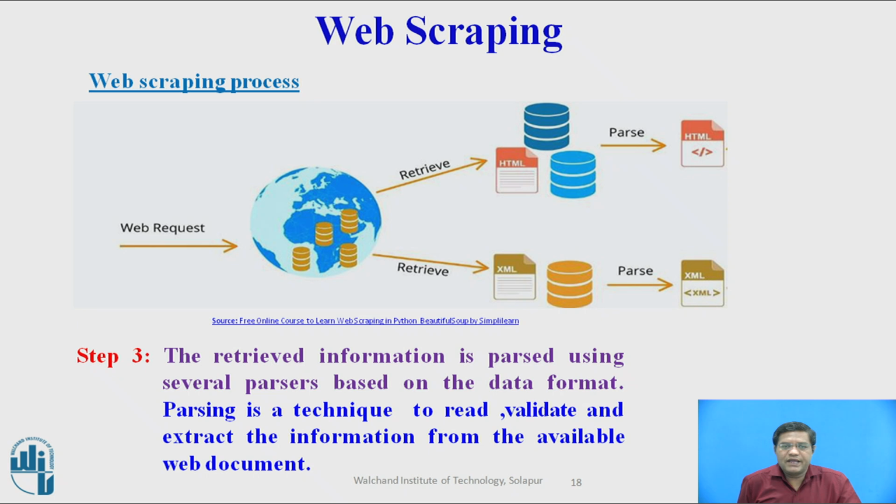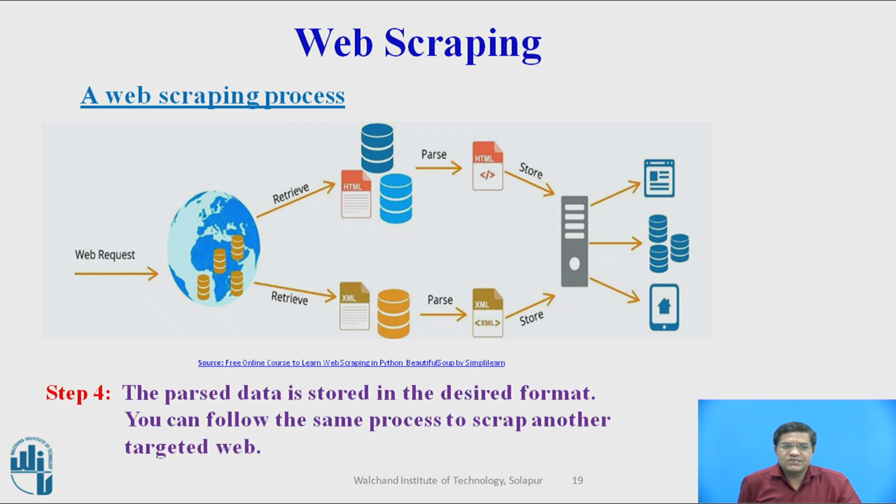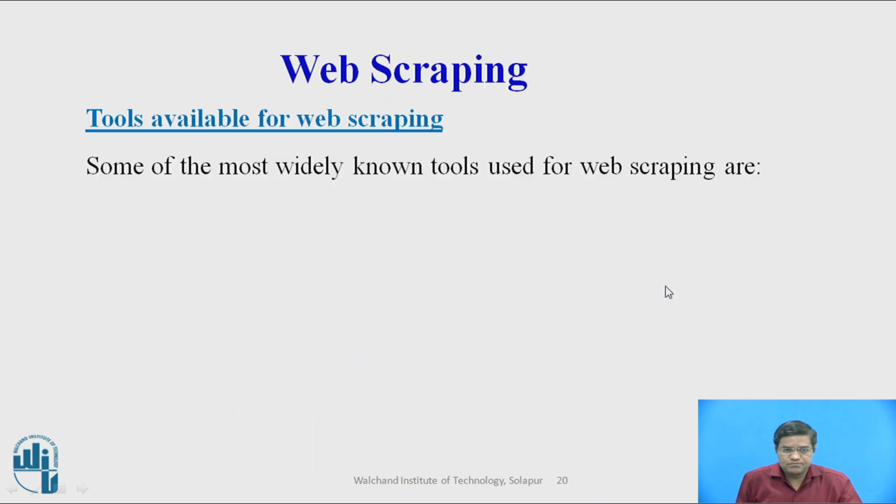Parsing is nothing but a technique to read, validate and extract the information from the available web document. Last step: the parsed or cleaned data can be stored in the desired format on our local machine, either in a database table, CSV file, Word file, or we can launch this information on the smartphone.